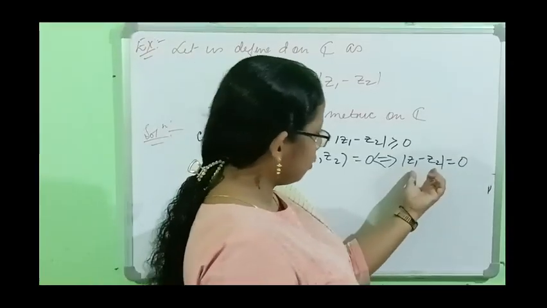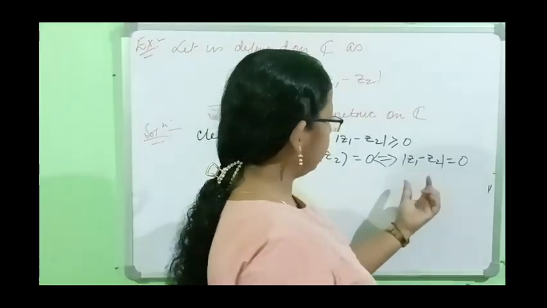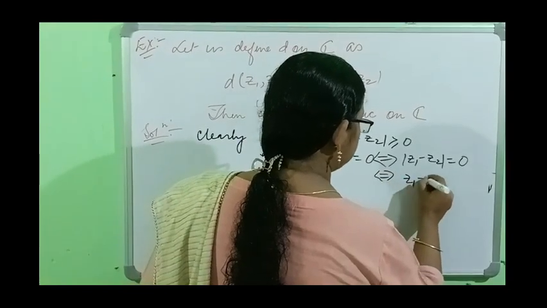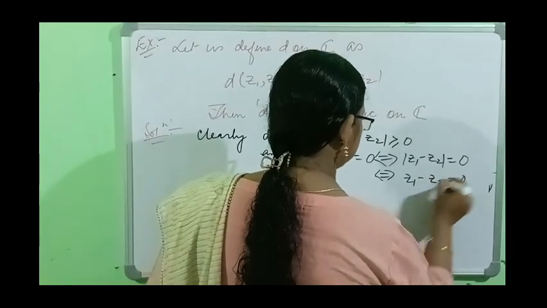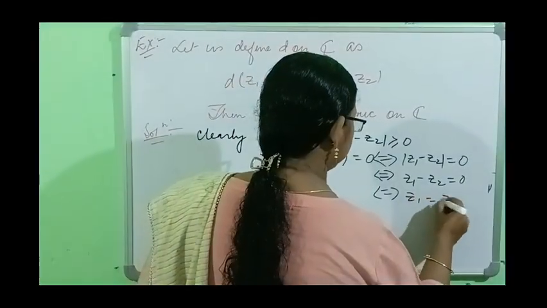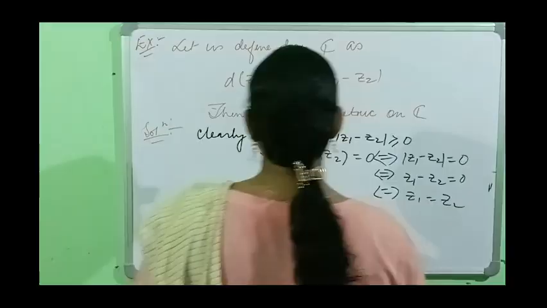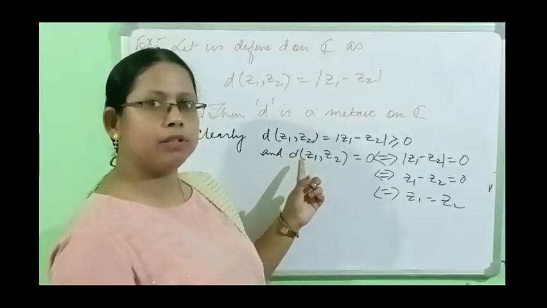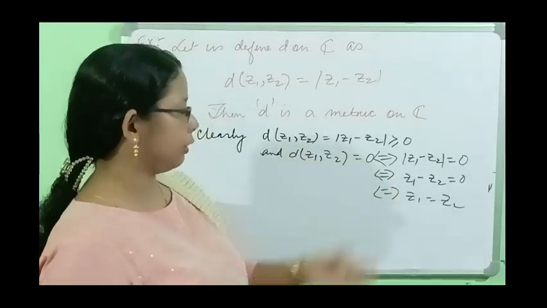The modulus of this difference is 0 when the number is 0, that is Z1 minus Z2 is 0, which implies Z1 is equal to Z2. Therefore, the first condition is satisfied, that is D is non-negative.